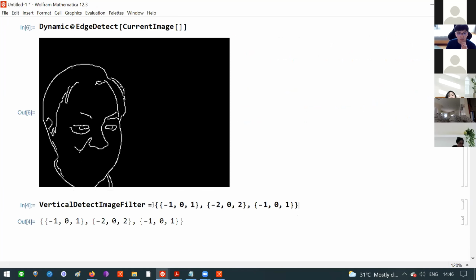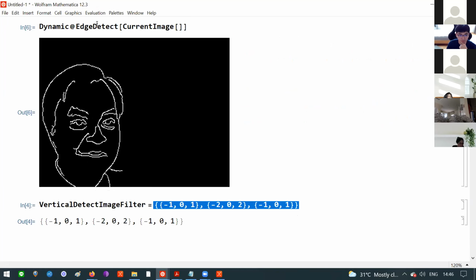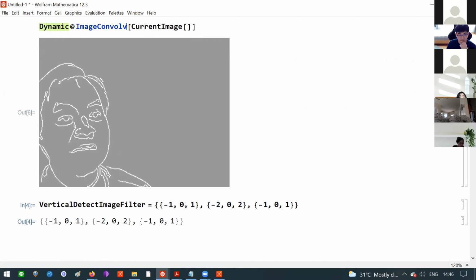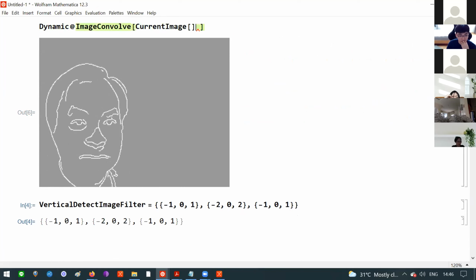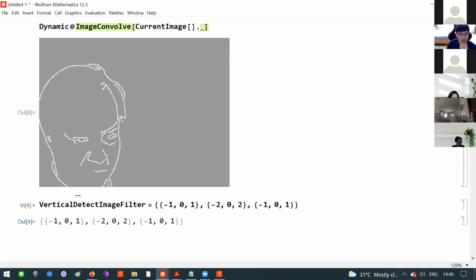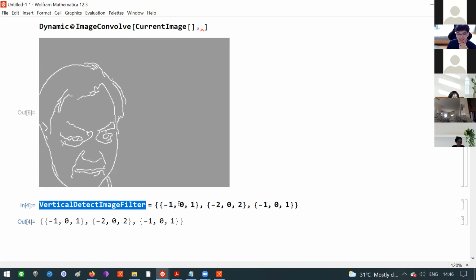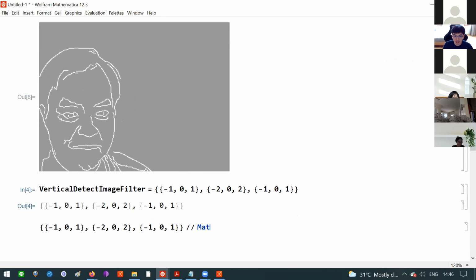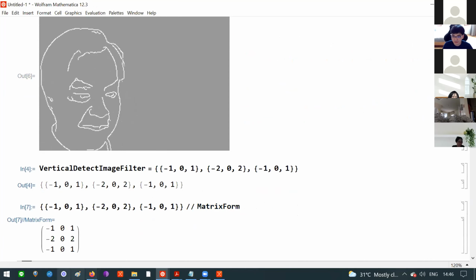We have this matrix. Let's go back to image convolve and make it a little bit more clear. Matrix form. There, that's my matrix.